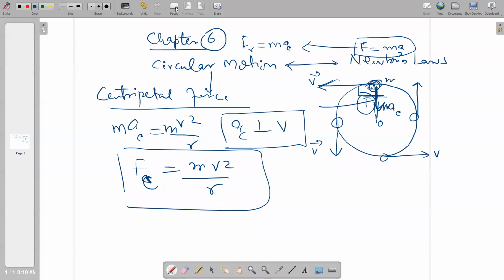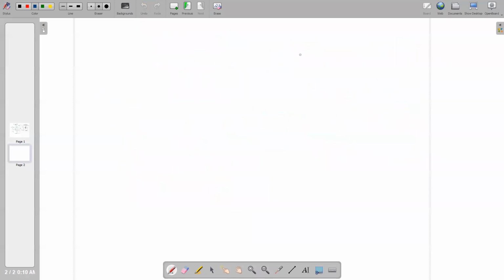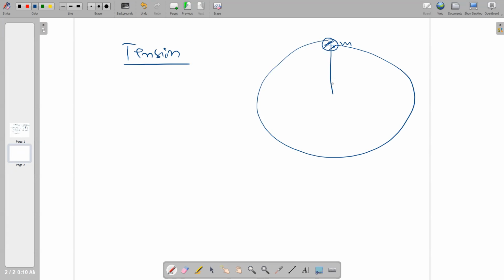So examples are what? Example one is tension. Tension is providing centripetal force, where if you tie a mass of m and you are moving it like this, it is moving in this way. This is the radius r and the tension will be in this direction because it is attached from here. This is the tension.